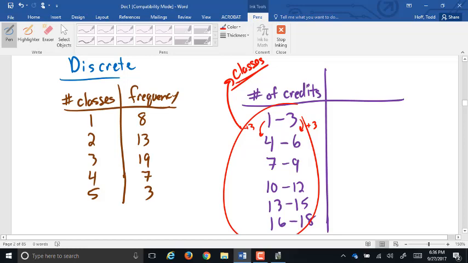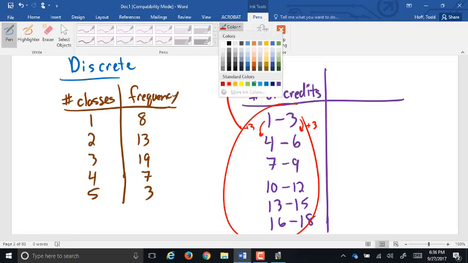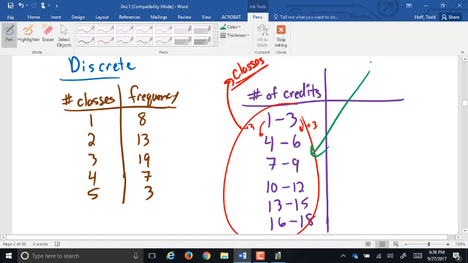Well, we'd either have to add another group or we'd have to go back and redo them. Might have to be 1 to 4 and 5 to 8 and so on. So that we make it. The biggest question is how many classes to have. And that sounds like a simple question, but it isn't.